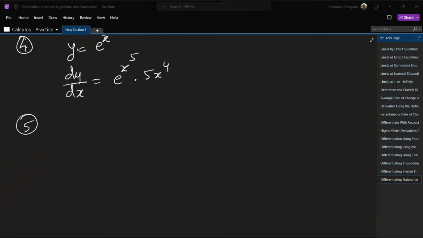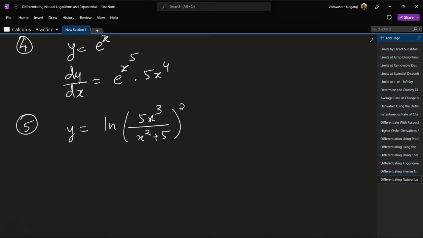Fifth one, let's look at a more complicated one. y is equal to natural log of (5x cubed by x squared plus 5) whole squared. And just to be clear, let's put it in this bracket. So dy by dx is equal to, take care of natural log first.